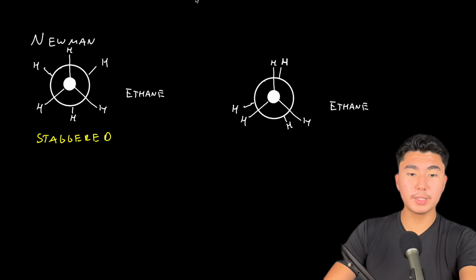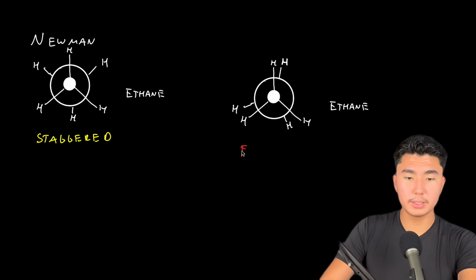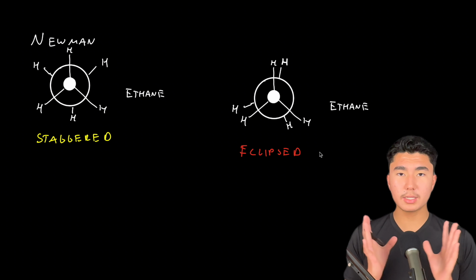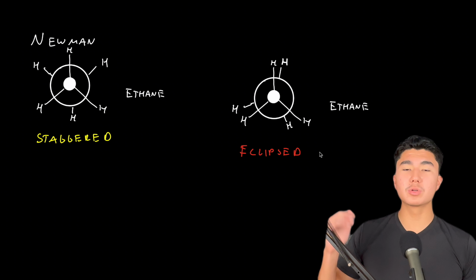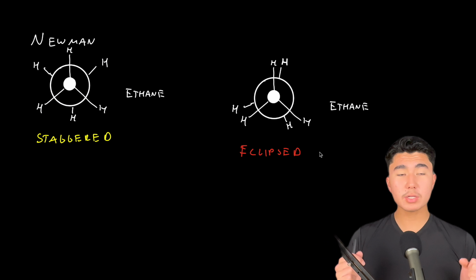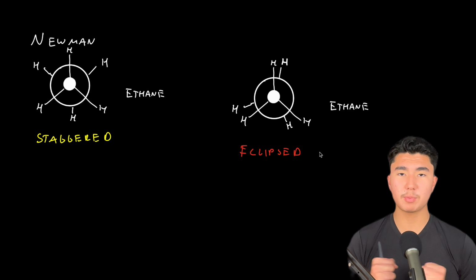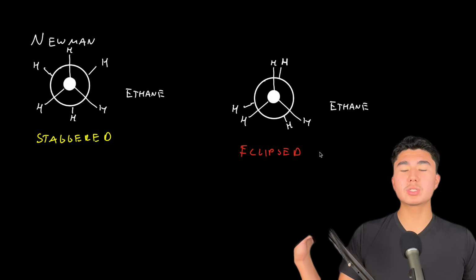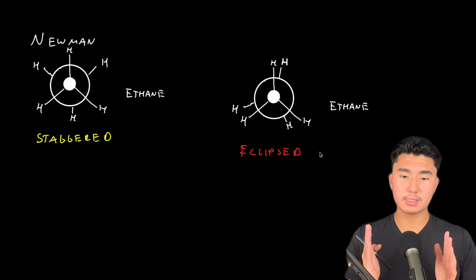And this is going to be eclipsed. So I'll write this over here, eclipsed. As you can see, those hydrogens are as close together as they can be. And this results in high energy because those hydrogens don't want to be as close to each other as possible. It's creating this repulsive force that results in higher energy and makes this less stable.